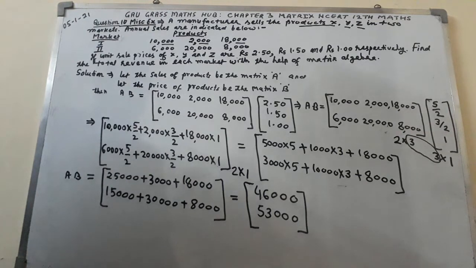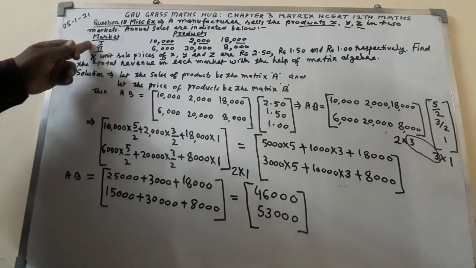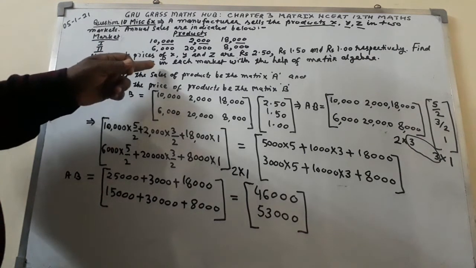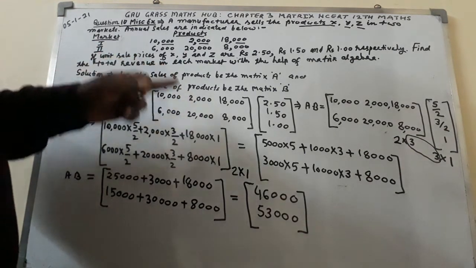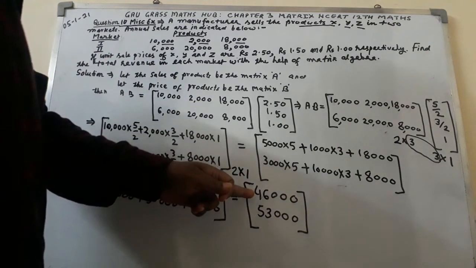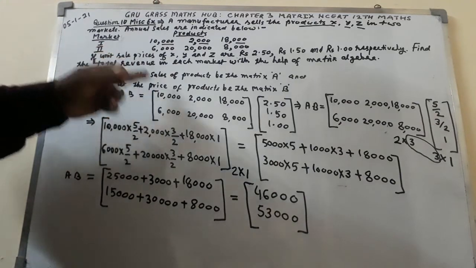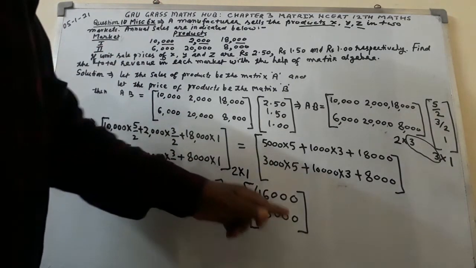This means that total revenue in the first market will be 46,000, and total revenue in the second market will be 53,000.